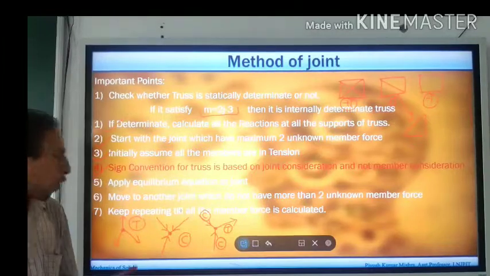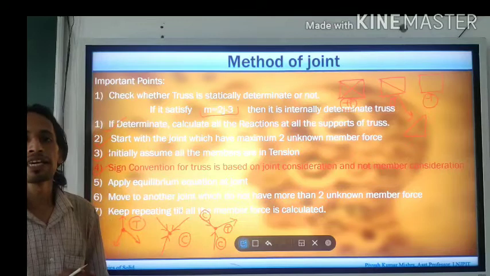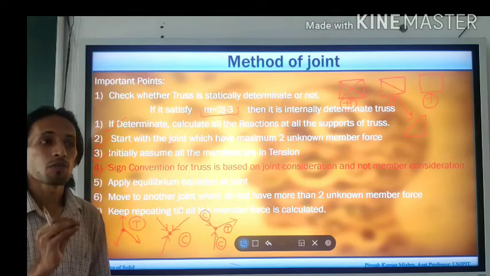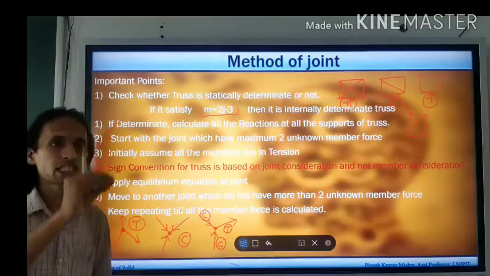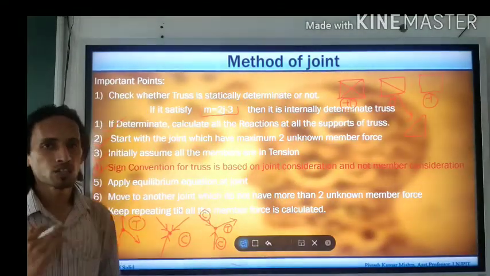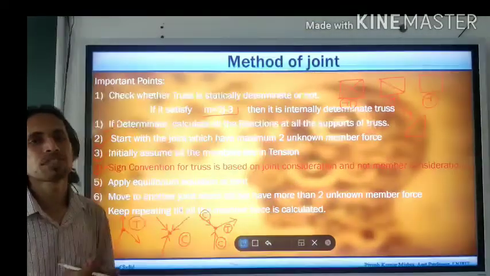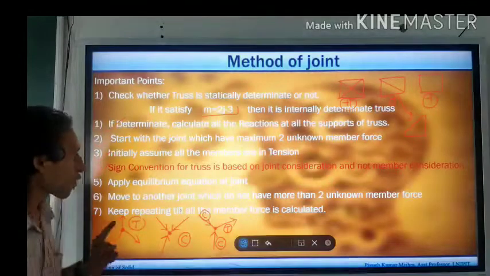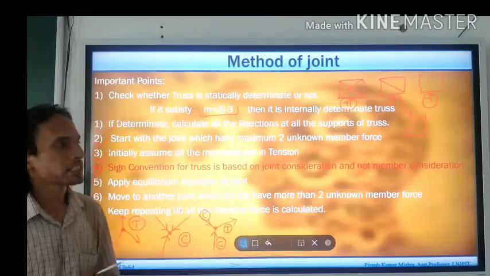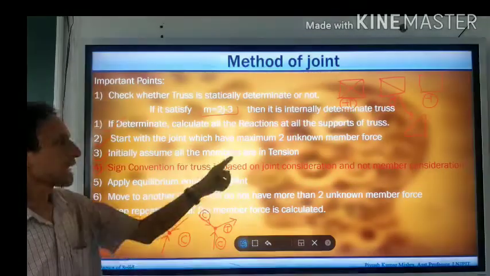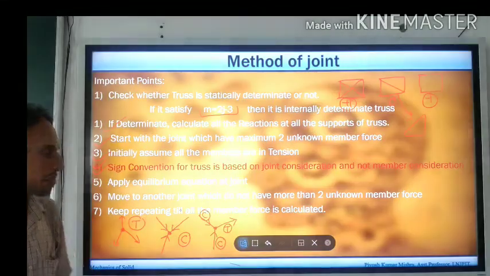So whether it is compression or tension is based on the direction of the force with respect to the joint, and not on the consideration of the member. This is one of the most important points, where people usually make mistakes, so I have highlighted it. You should take care of this while solving a problem.